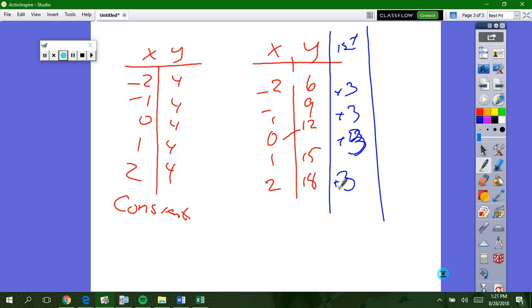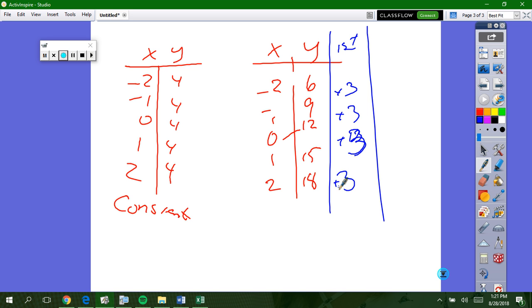Notice this is linear. What's the degree on a linear equation? 1. What's the degree on a constant equation? 0. Notice right at the beginning, meaning no differences. First difference.